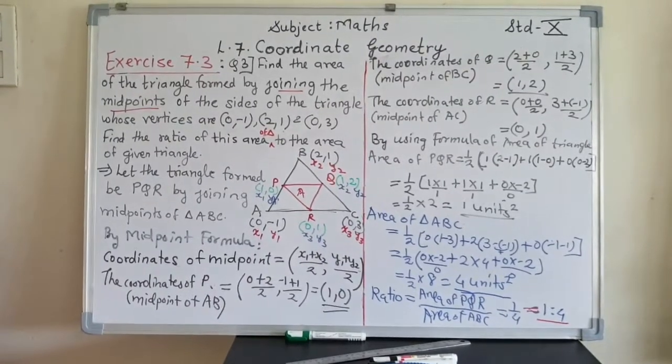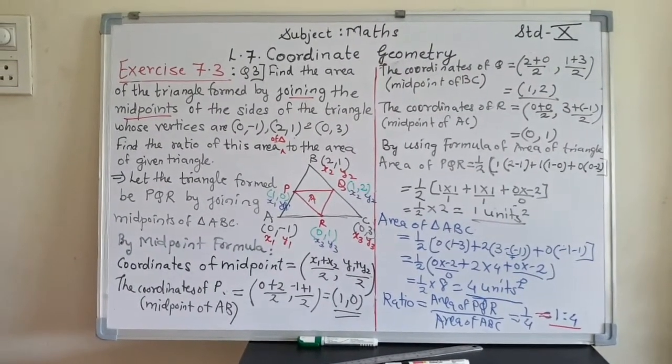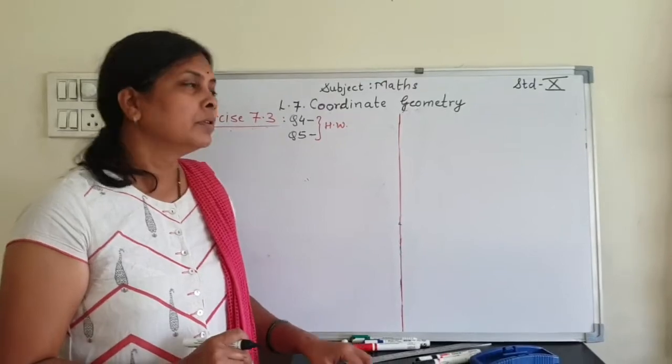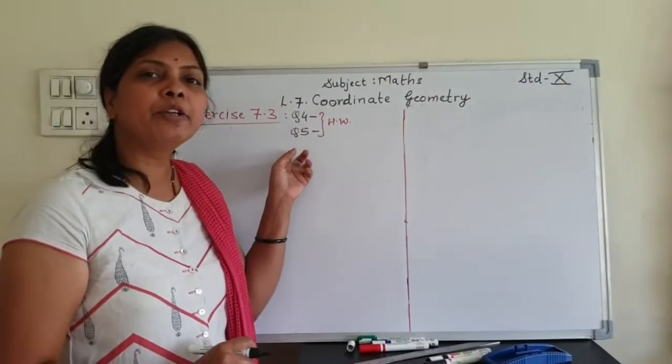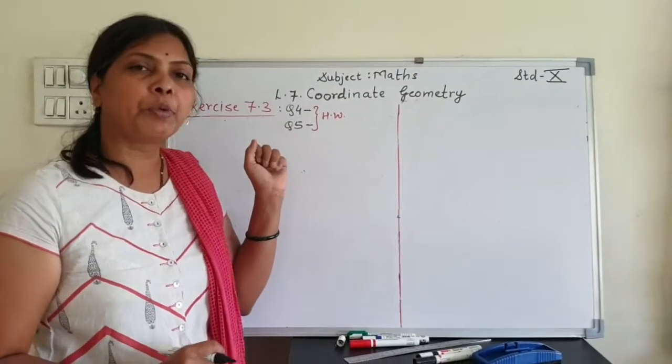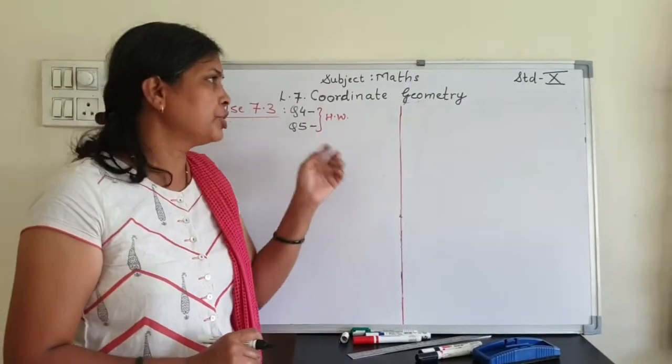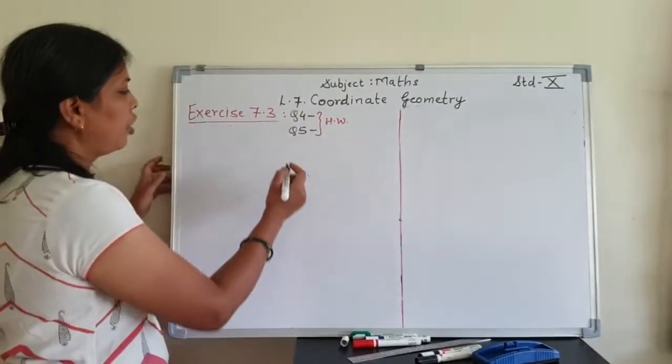Note this down. So children, you take these remaining two sums as homework, question number 4 and question number 5. But only in question number 5, I want to tell you what they have given us.